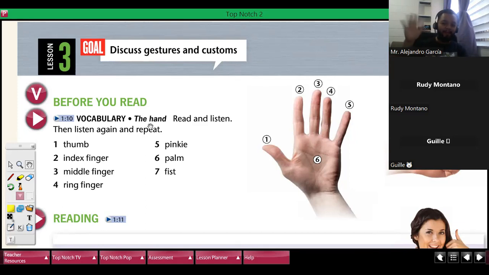Like hello or bye-bye, right? And there are some other gestures you can do with your fingers, right? Like this, like only this, and some others. Okay, we have vocabulary here related to the hand. Listen.